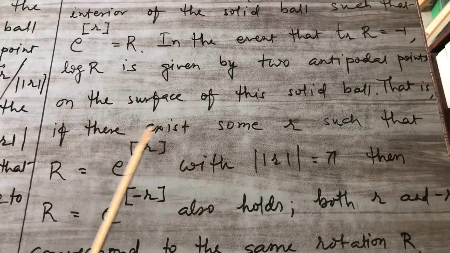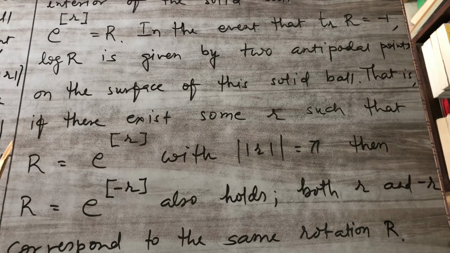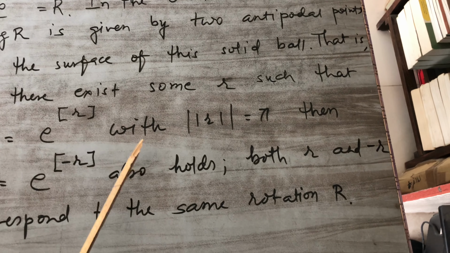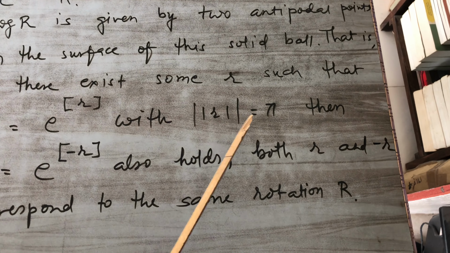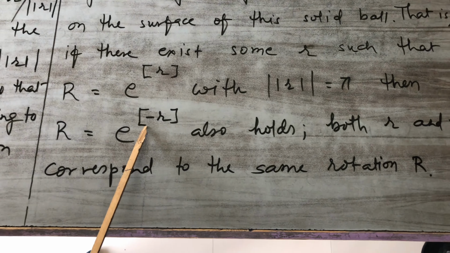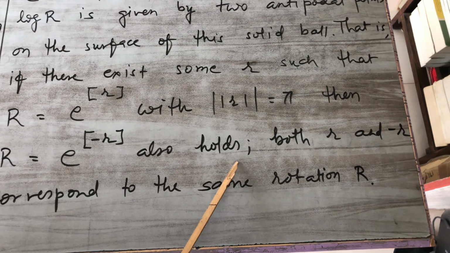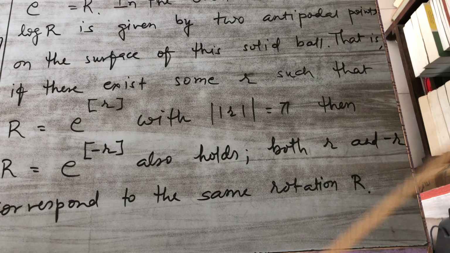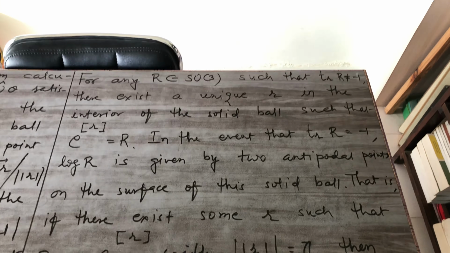That is, if there exists some r such that R equals e raised to the skew-symmetric r with magnitude of r equal to pi, then R equals e raised to the skew-symmetric of -r also holds. Both r and -r correspond to the same rotation R. That's it.